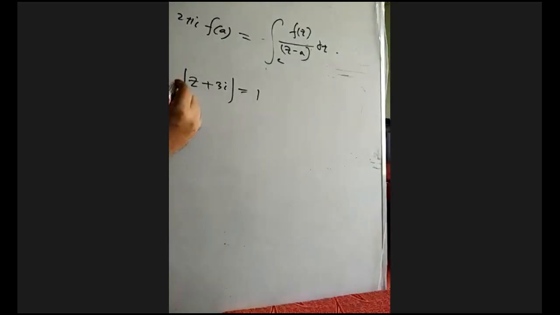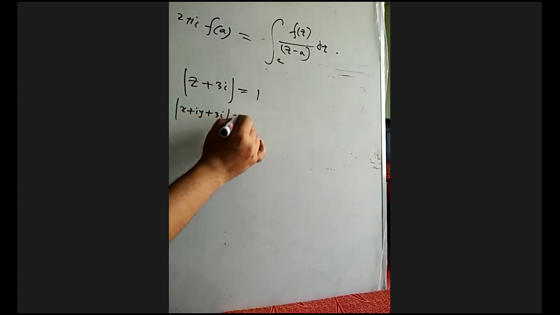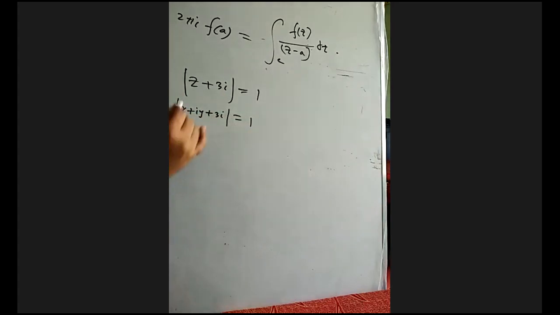So this is the given circle, |z plus 3i| equals 1, and this can be written as |x plus iy plus 3i| equals 1. Since z is a complex number, z can be written as x plus iy.